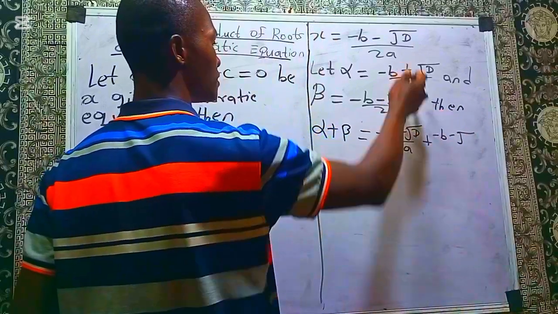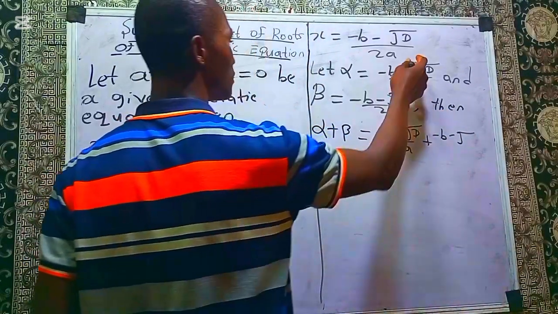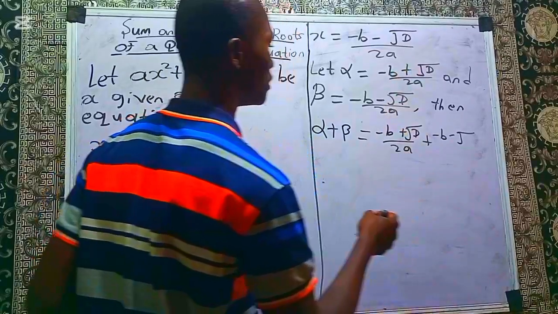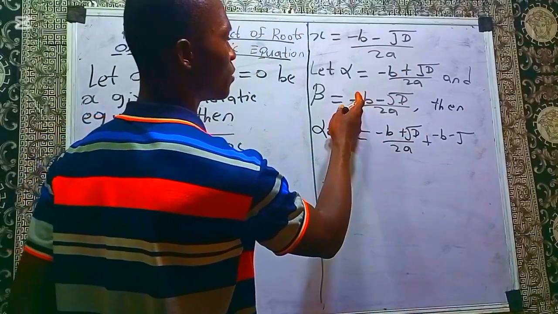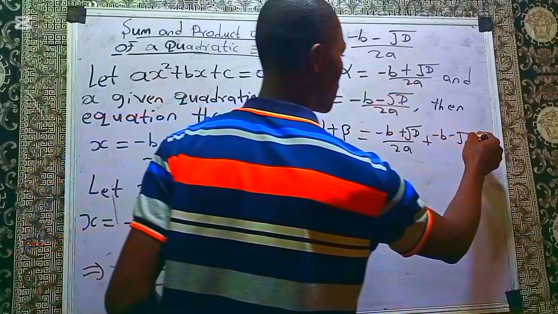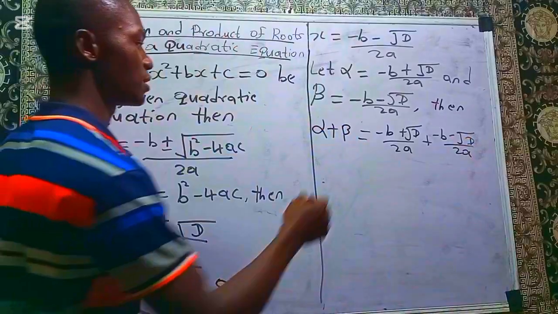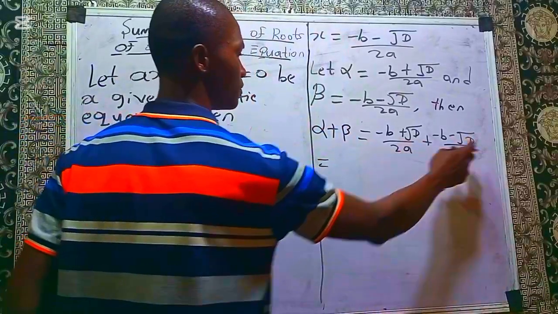Alpha is negative b plus square root of d divided by 2a. Then the one we call beta is negative b minus square root of d divided by 2a. Right? Then what's your LCM? 2a.